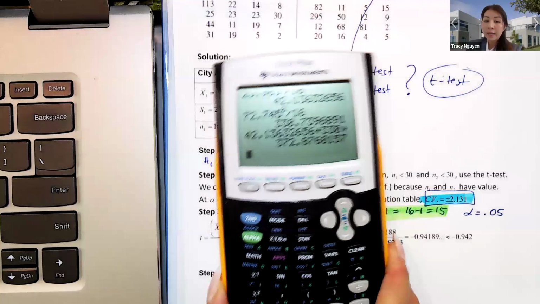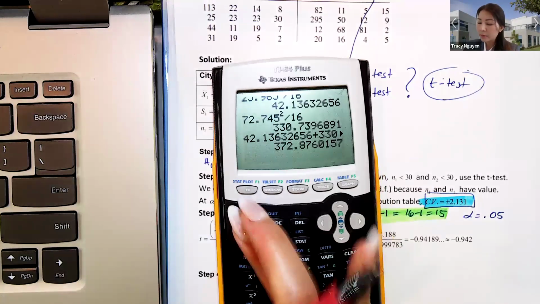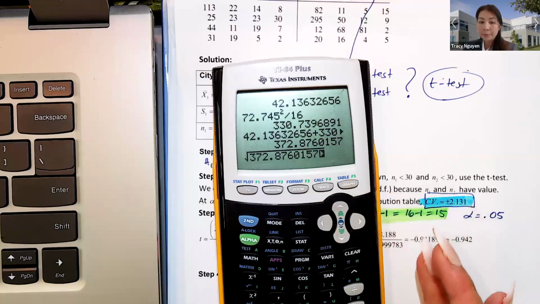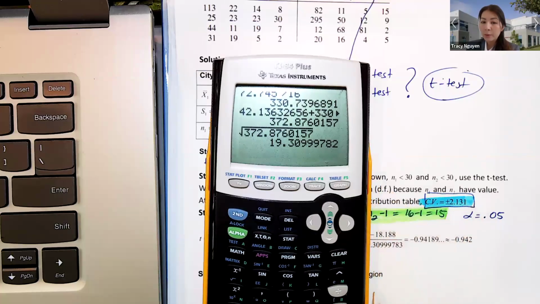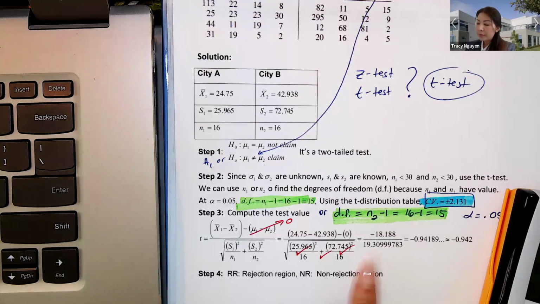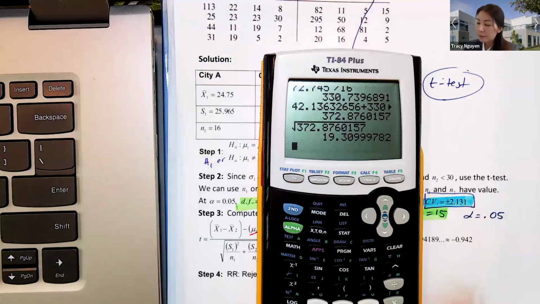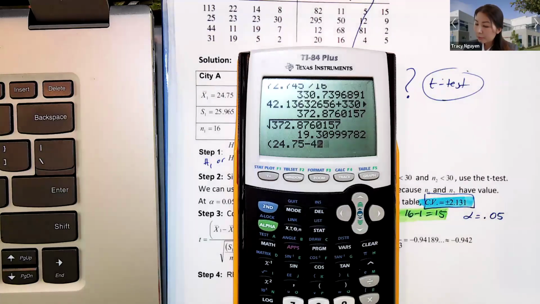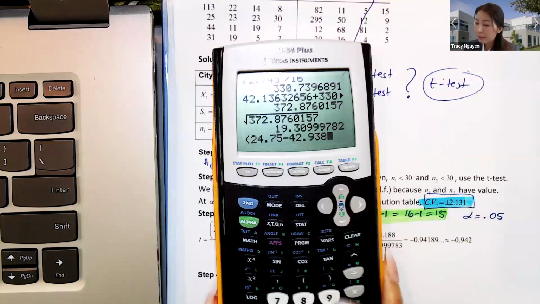A common mistake when I look at students' answers, I can tell whether they missed the square root or remembered the square root. All right, so this is what we have for the denominator: 19.30, carrying all the decimal places, all the digits. The numerator, we do open parentheses, 24.575 minus x2 bar of 42.938, is that right? 938, that's right.